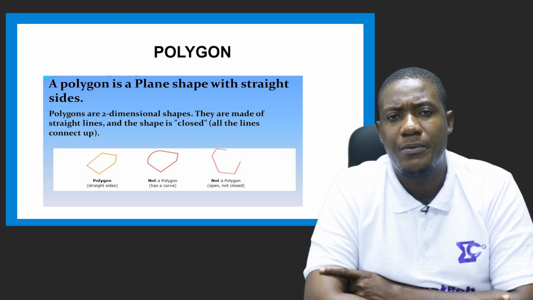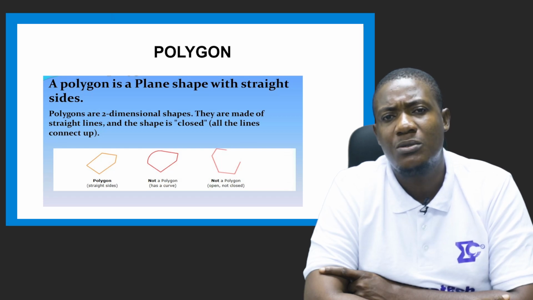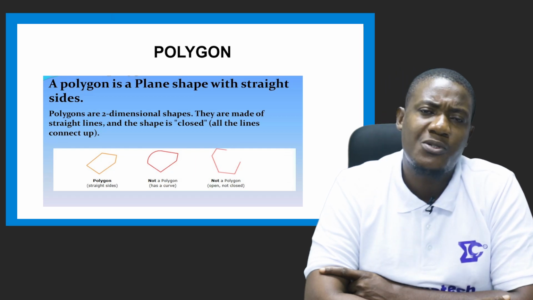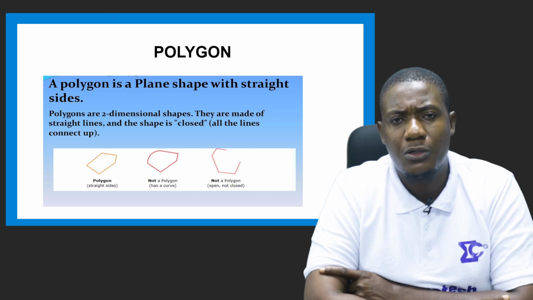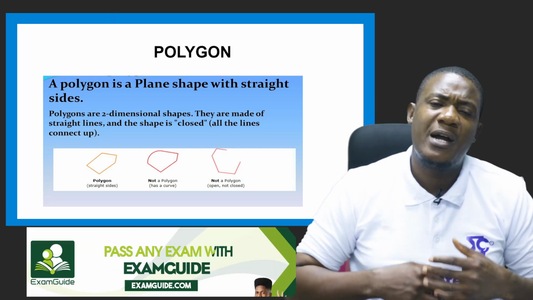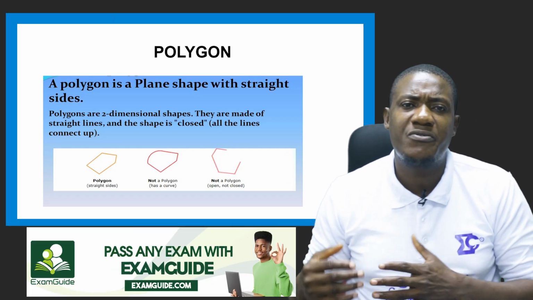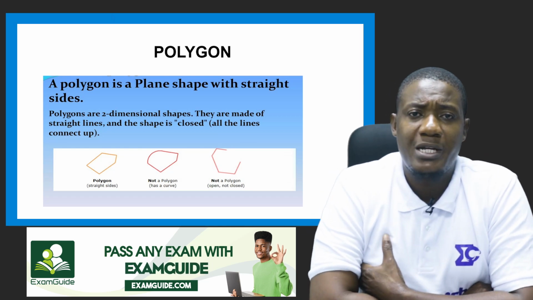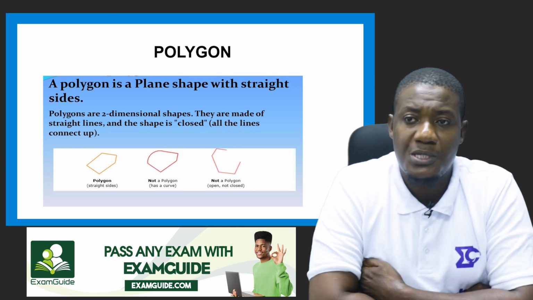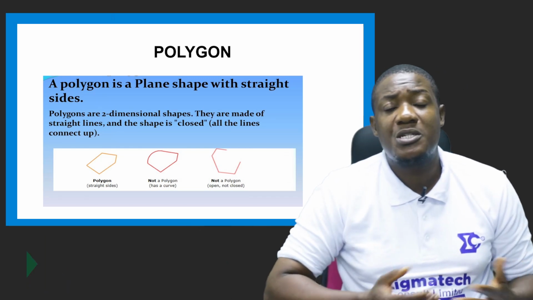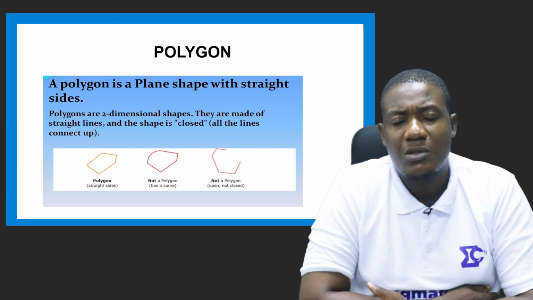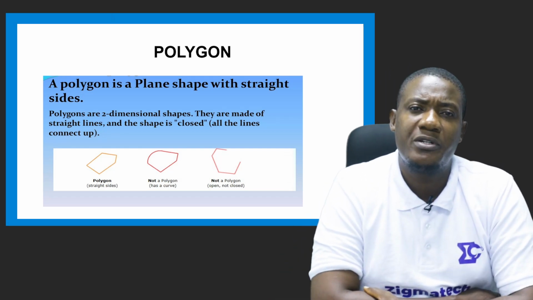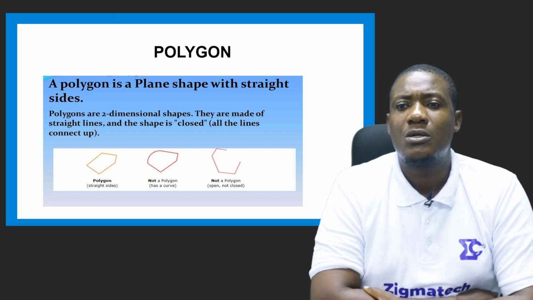For example, a triangle is a polygon. Quadrilaterals are polygons. We also have different examples of polygons. Polygons, like you know, are two-dimensional shapes. They are plane shapes. They just connect to each other to form different shapes and their names.